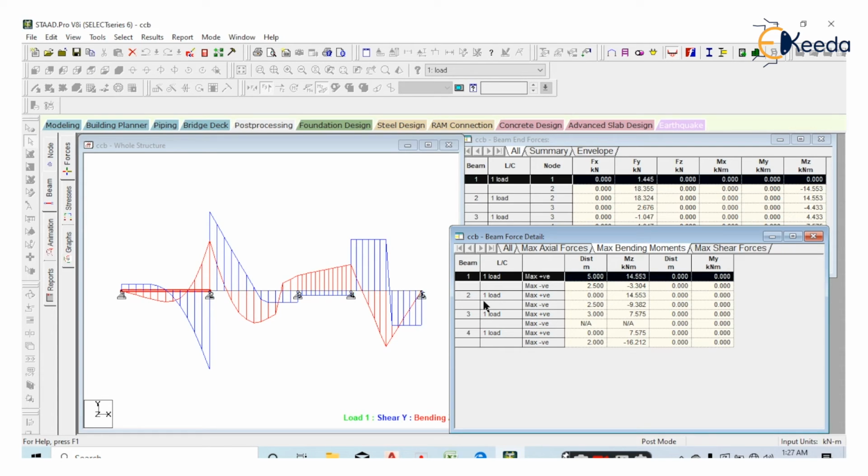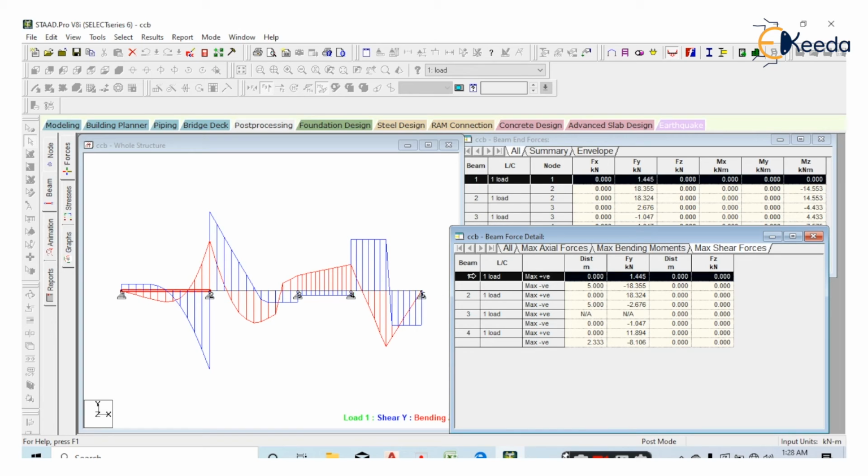Okay, for second beam, the maximum positive bending moment is 14.553 kilonewton meter. The maximum negative bending moment is 9.382 kilonewton meter. Like that you can see maximum bending moment values for third beam and fourth beam.